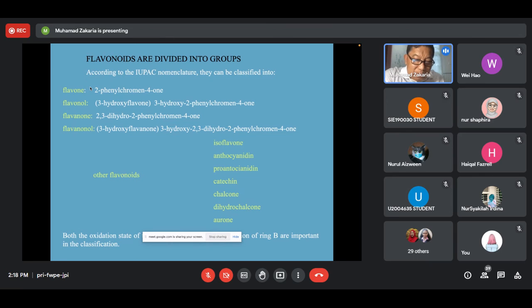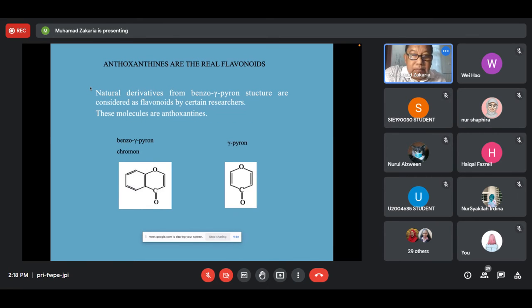So the state of oxidation depends on the ring, A and B, or even C. Anthocyanins are the real flavonoids. These are anthocyanin, benzopyranchromone, and pyrone, gamma pyrone.